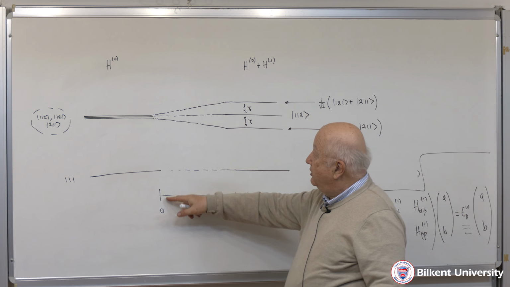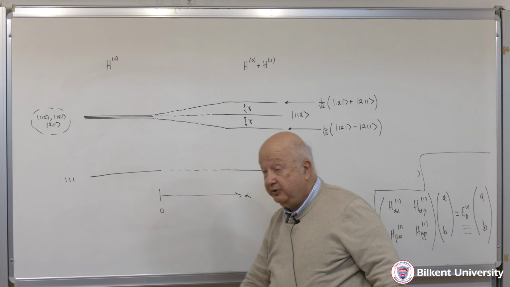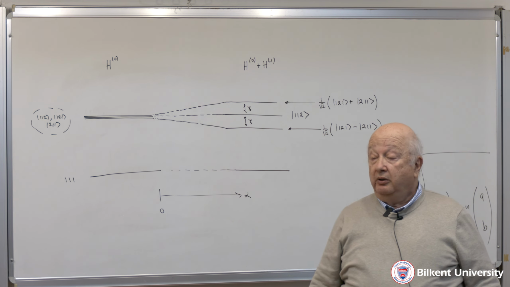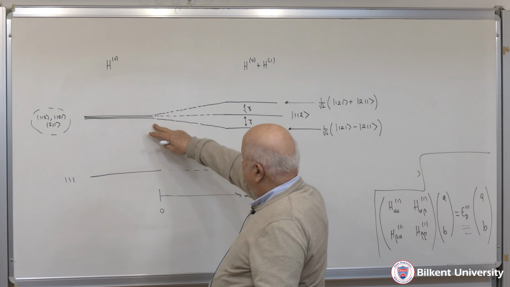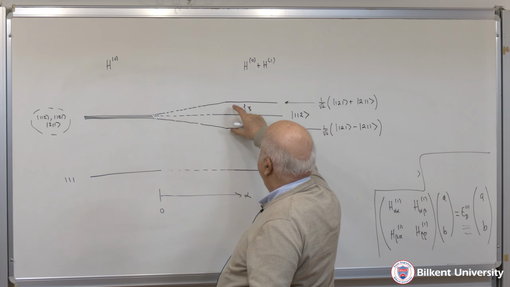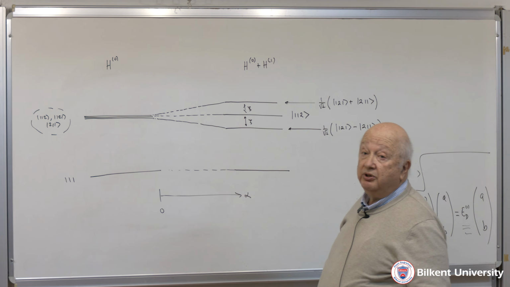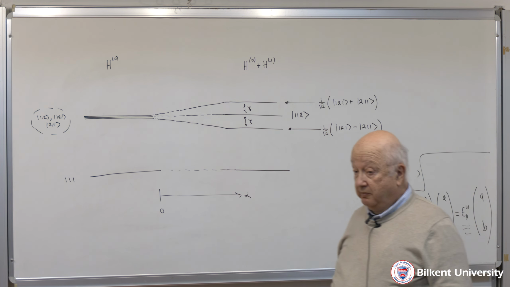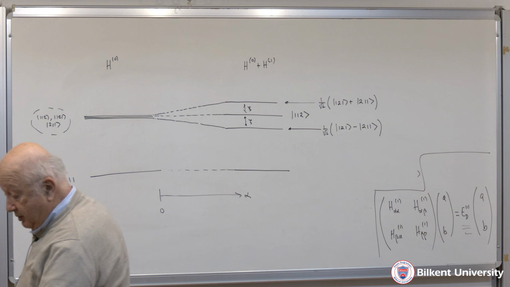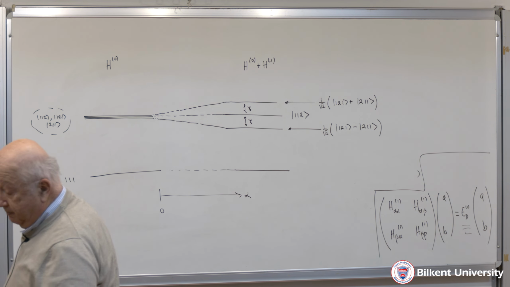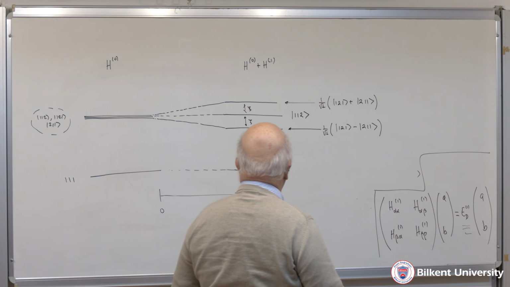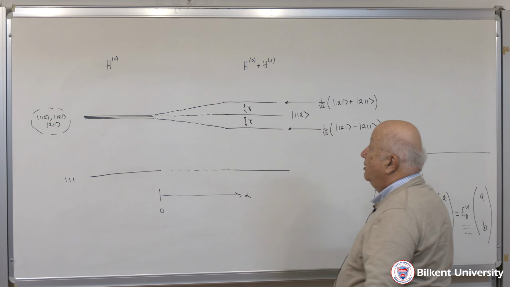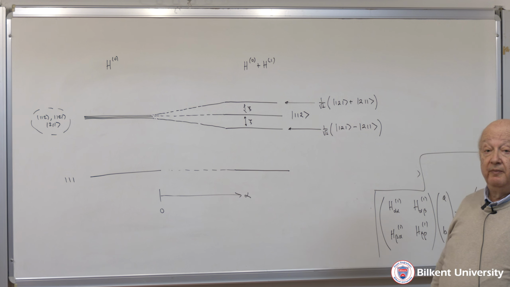So if alpha is 0, alpha is the coefficient in front of H1, I have the 0th order energies, and then there's this change which implies that the energy is either going up or down or stays the same as alpha is increased.